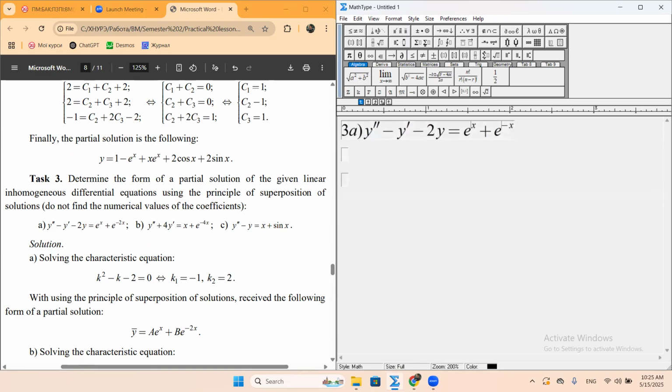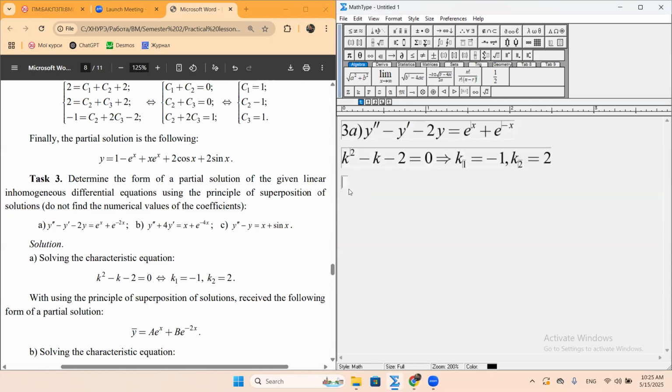The characteristic equation is the following: k square minus k minus 2 equals 0. It has two solutions. The first root equals minus 1, and the second root equals 2.